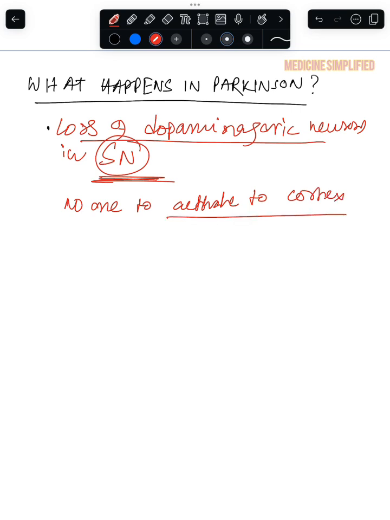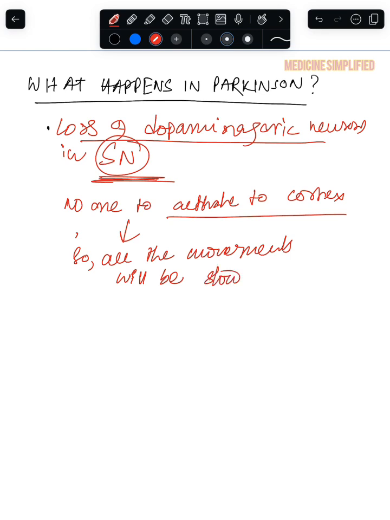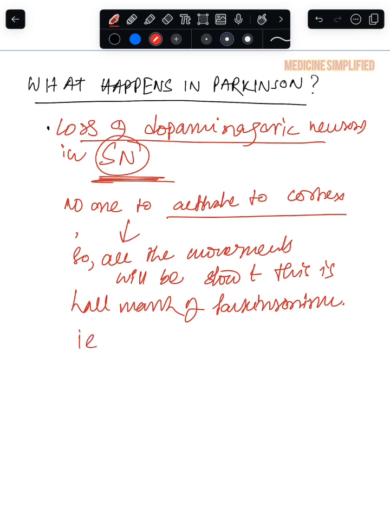So all the movements will be slow, and this is the hallmark of Parkinsonism, that is bradykinesia.